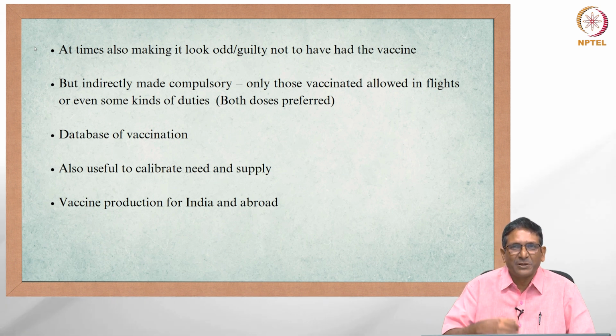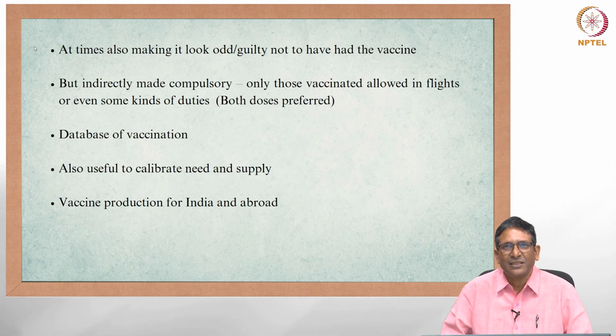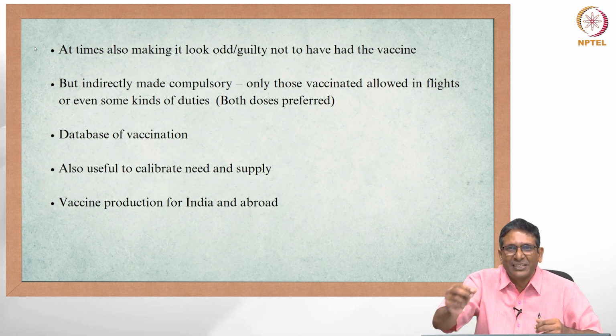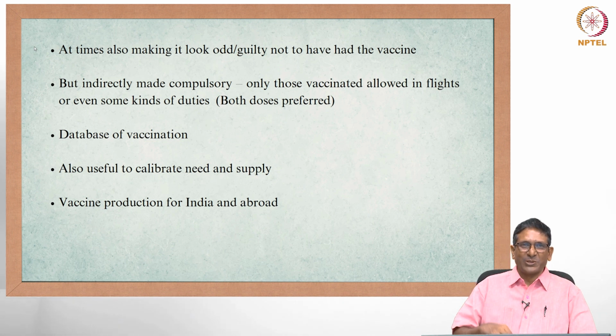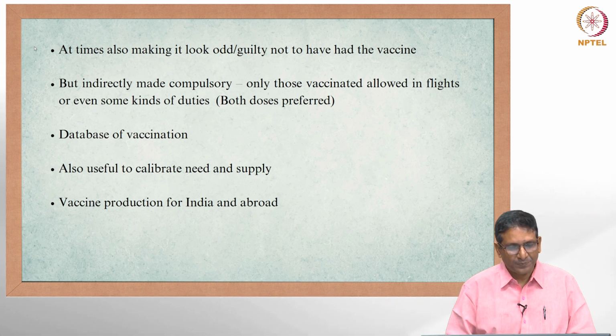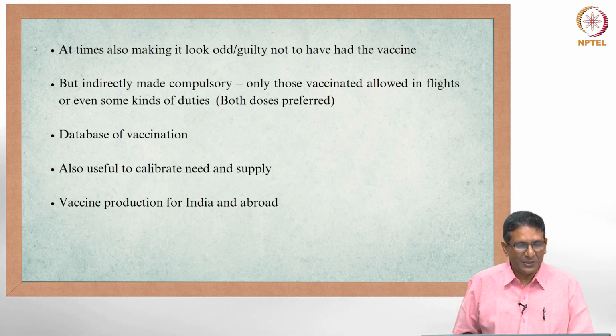Then sometimes for people going for, say, examination duties, if so many people were applying, they gave preference to those who had both doses already. So in an indirect way, it was made compulsory.